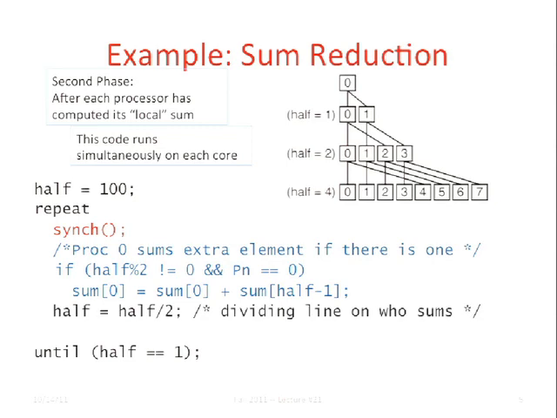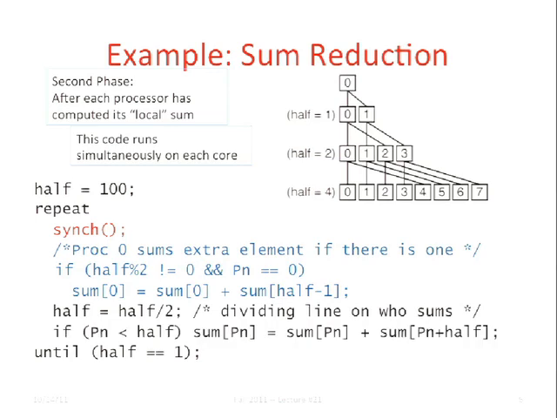Now here's where the action starts. We have this variable half that says how many processors we had when we started. We divide that by 2, so if we started with 100, we now have 50, and we update half. Remember, this is running on all the processors. So this says, if my processor number, I'm Pn, is less than half, then take my sum. This array sum is an array of all the partial sums for each of the processors.